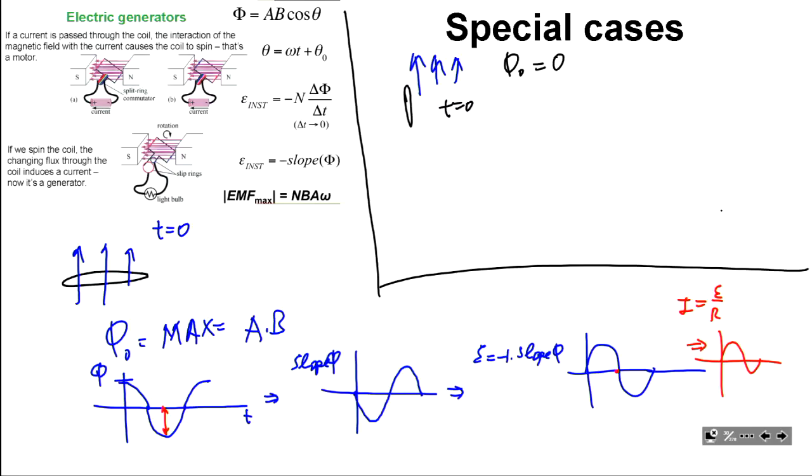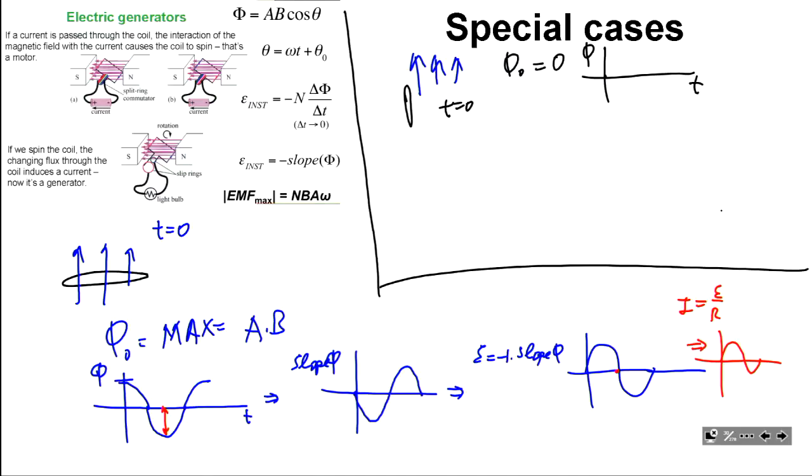There is no flux. So how do we sketch the graph now? Well, technically, with this information, we have two options. We start from 0 and go up, or we start from 0 and go down. And that depends on the direction of the rotation, for example, and the choice of the area vector.